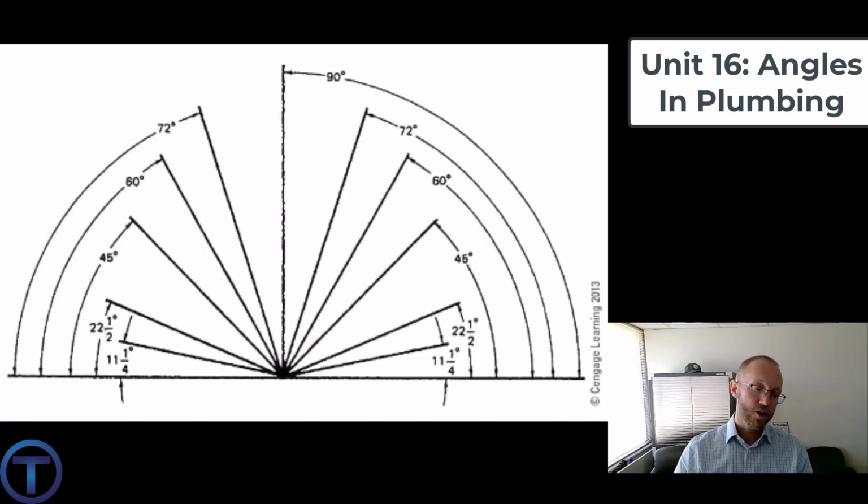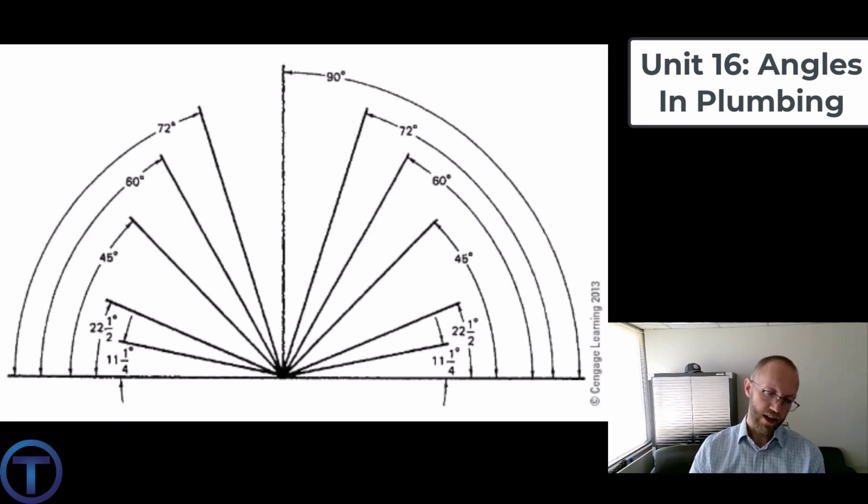That brings us to Unit 16's topic, which is angles in plumbing. We're going to have a look at this half circle diagram that they have in Unit 16, and you can see the divisions we were talking about if you're creating a cross line through the circle. And the way we refer to these smaller divisions of the circle is degrees. So you can see on here we have a 90 degree.